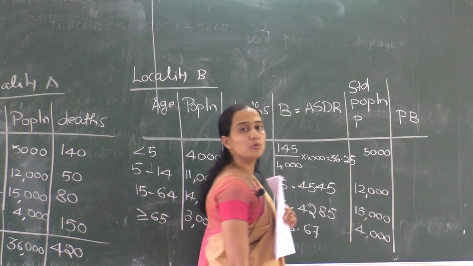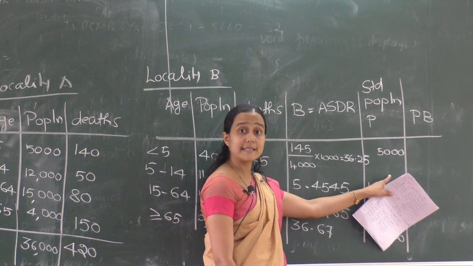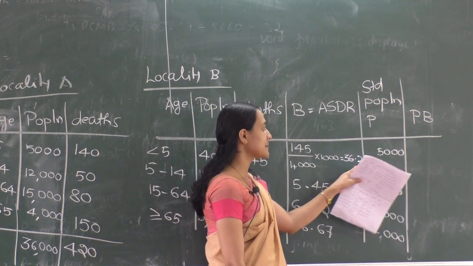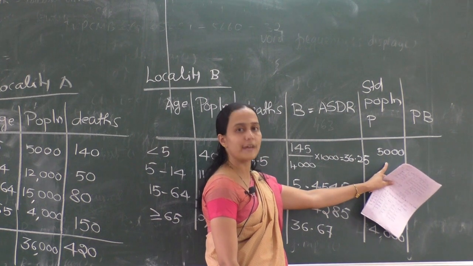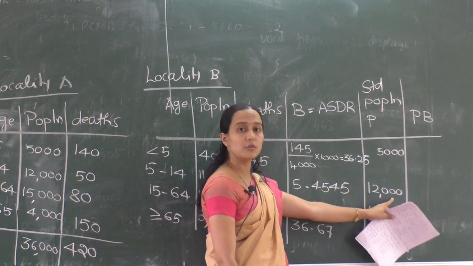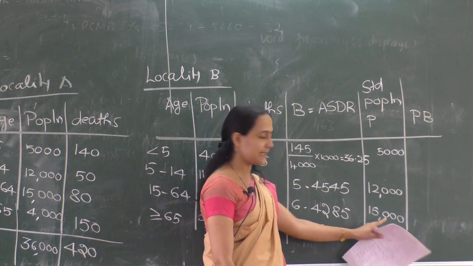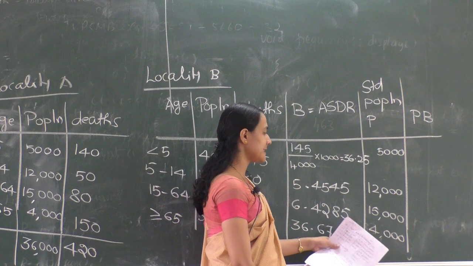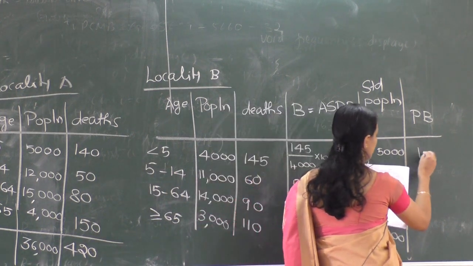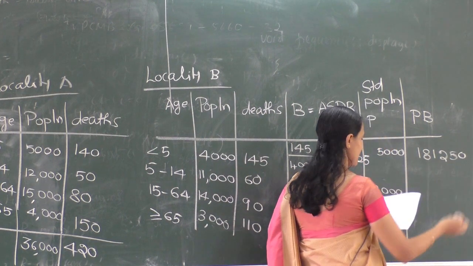Next P into B. One column for P into B, this column into ASDR column into standard population. 36.25 into 5,000, 5.4545 into 12,000, 6.4285 into 15,000. Similarly, 36.67 into 4,000. Answer is 181250.